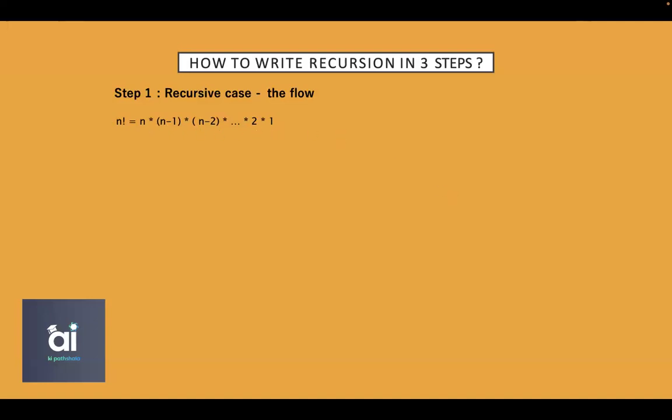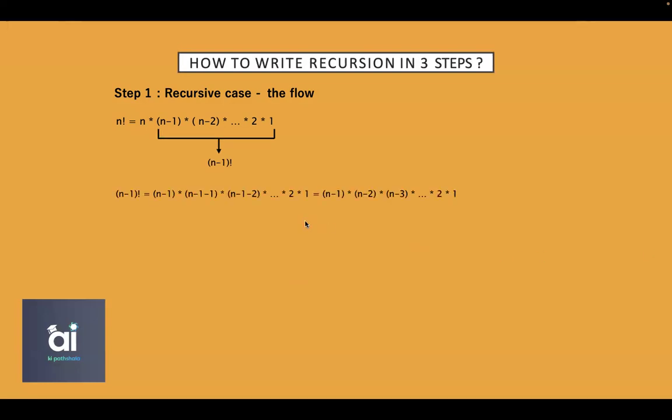So how can we write the recursive function to have a factorial on both the left and right sides of the equation? If we look at this carefully, we can see that this part over here can be expressed as n minus 1 factorial. If it is not clear, let's calculate the factorial of n minus 1 separately.